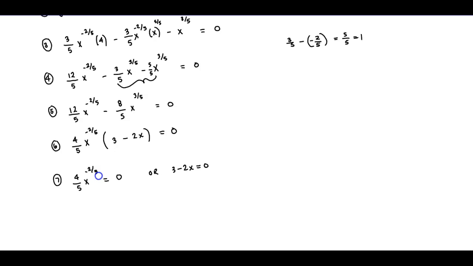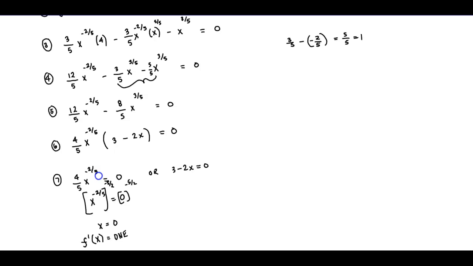So if we divide both sides by 4/5, then we have x to the negative 2/5, which is equal to 0. Okay, and then if we raise both sides to negative 5 over 2, we're still going to get x is equal to 0. So therefore, for this particular value of x, we can say that it does not exist.